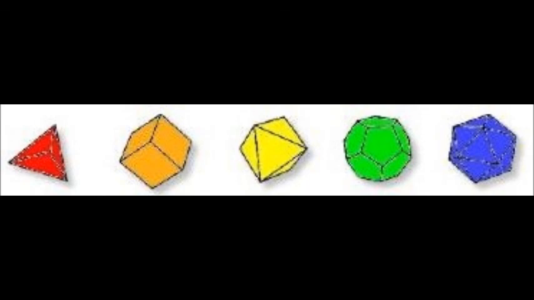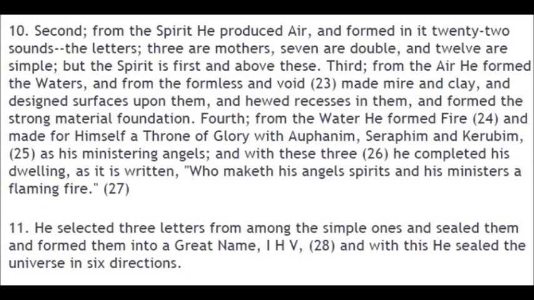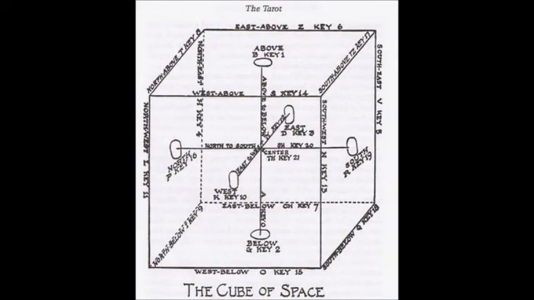And then here are the platonic solids, which are color coded, and then they all nest within a vesica piscis, and then sealed the universe in 6 directions.